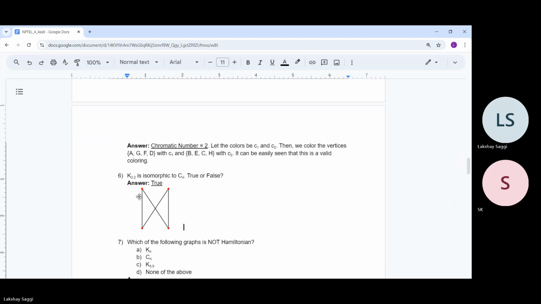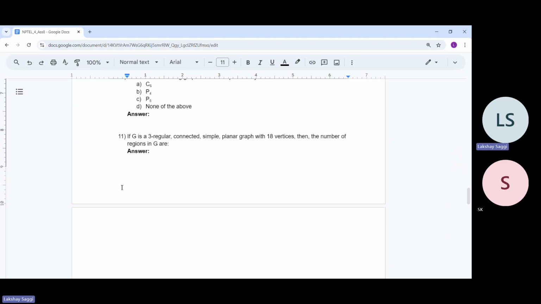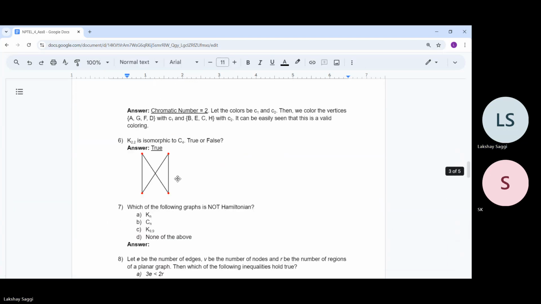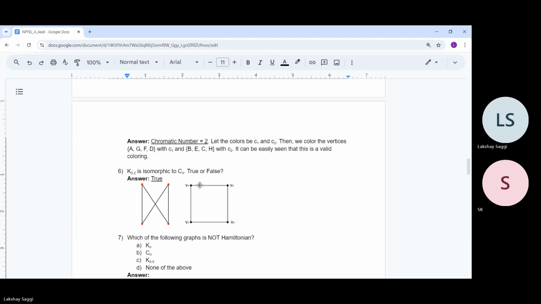So on a high level, this is equivalent to a cyclic graph. I'll show the cyclic graph also. If V1 and V4 were the upper set of vertices, and V2 and V3 were the lower set of vertices, then we can see that these two graphs are equivalent.